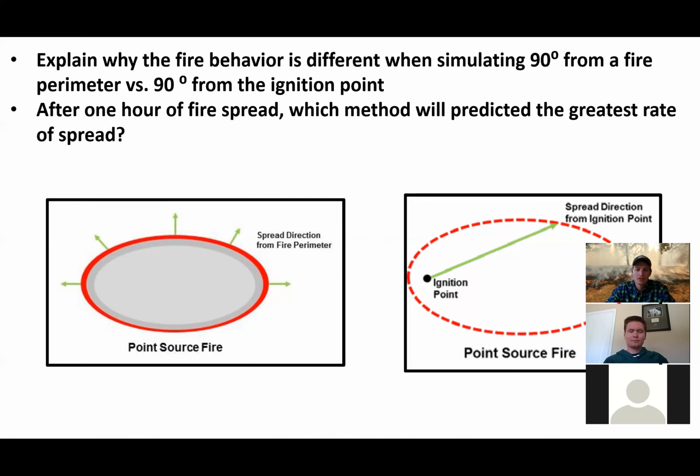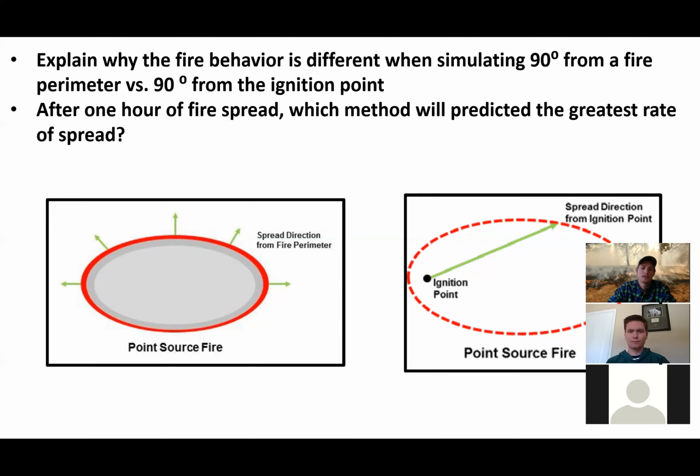So what does that mean in terms of the fire behavior? If we did the same simulation and just changed from perimeter to ignition point with that 90 degrees, which one would have a faster rate of spread? The fire line. Right.